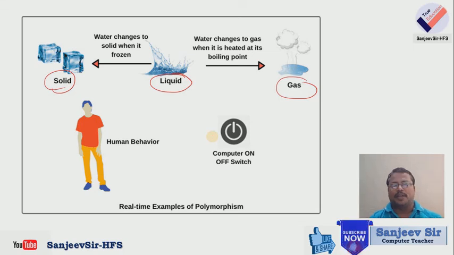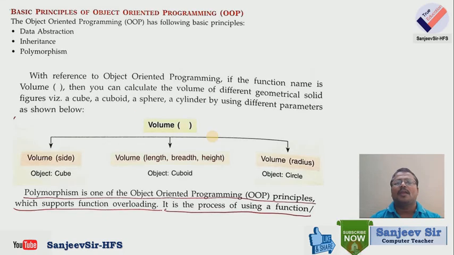Similarly, we use one function, volume, for a cube, for a cuboid, and for a circle. When one function with the same name, volume, performs three different operations, that is known as function overloading or polymorphism.